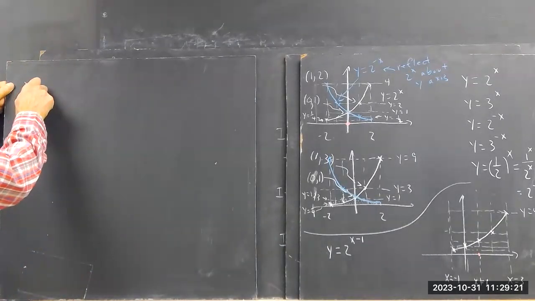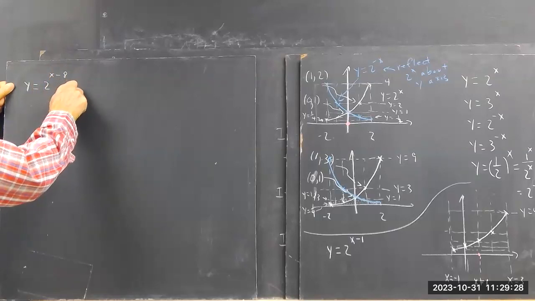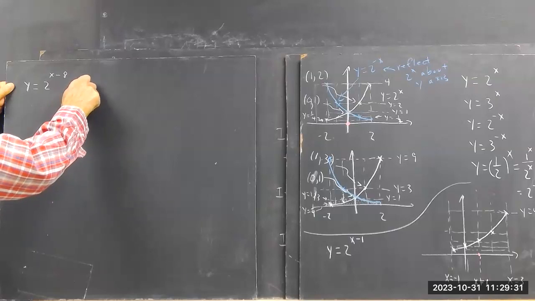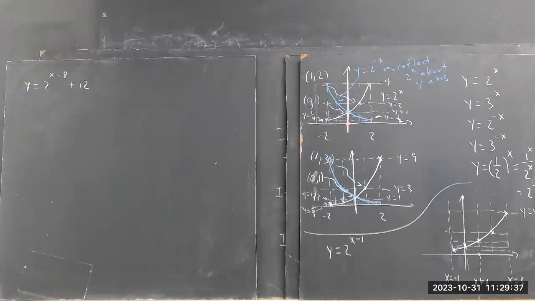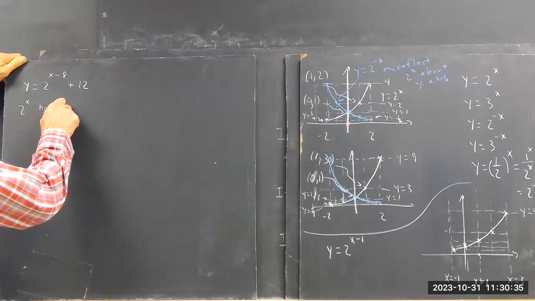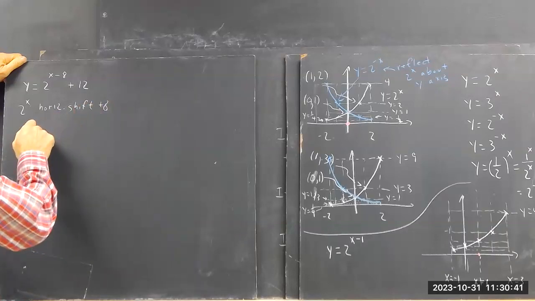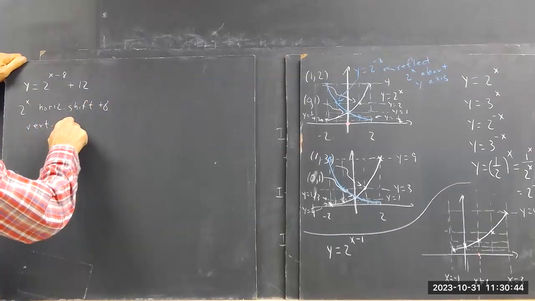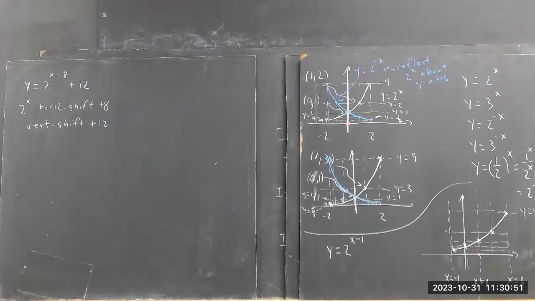Try this one. Okay, this is a horizontal shift of 8, a vertical shift of 12.